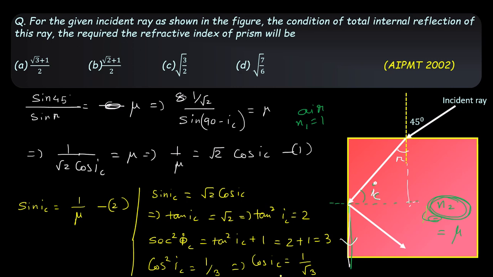This is the value of cos of IC. If I put it in equation number 1, it will give me square root of 2 multiplied by square root of 3. So the refractive index is square root of 3 by 2. Option C is the answer. Okay, let's move on.